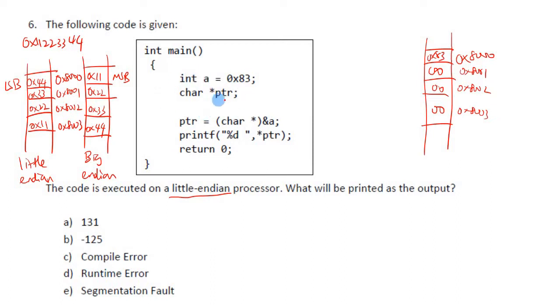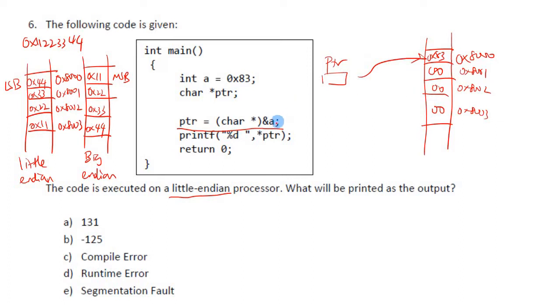What happens is this pointer is assigned the address of A, which is the starting address, the lowest address of A. So the pointer is now pointing to this.